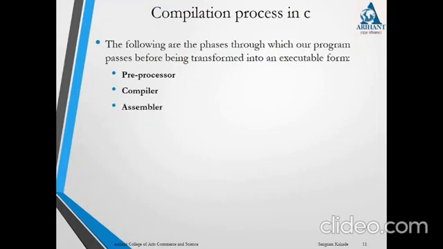Next is the assembler, which handles the assembly code. The assembly code is converted into object code by using an assembler. The name of the object file generated by the assembler is the same as the source file. The extension of the file in DOS is .obj, and in Unix the extension is .o.